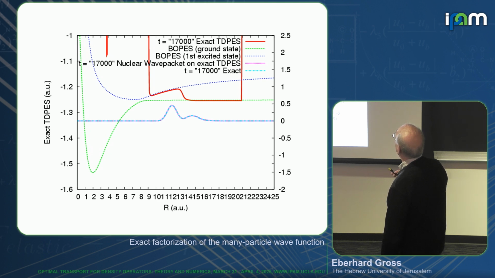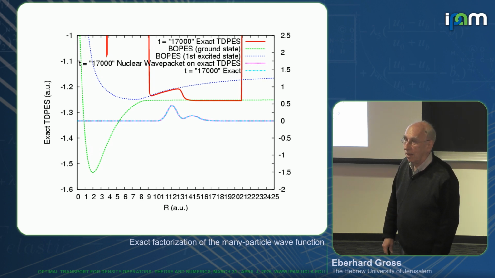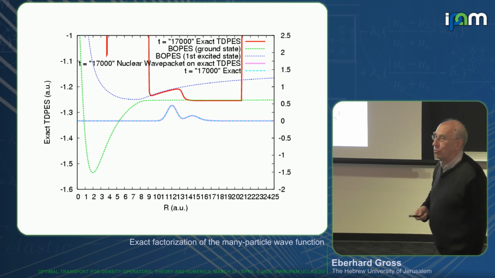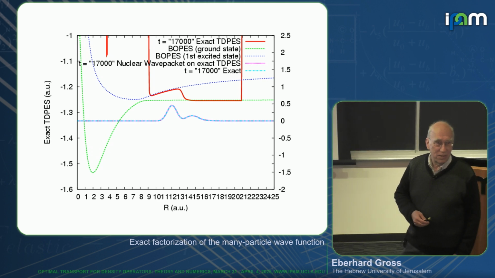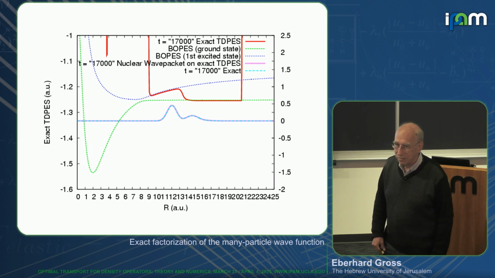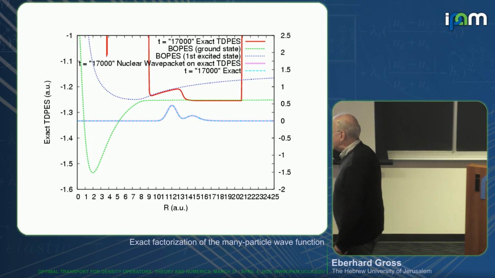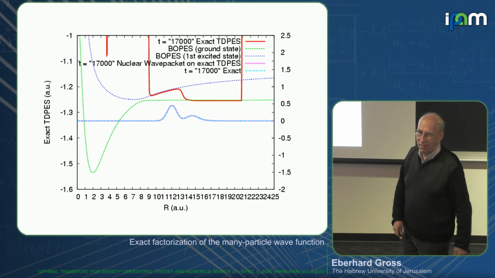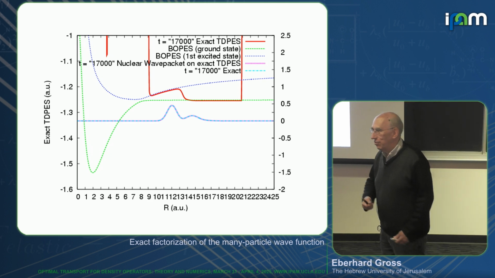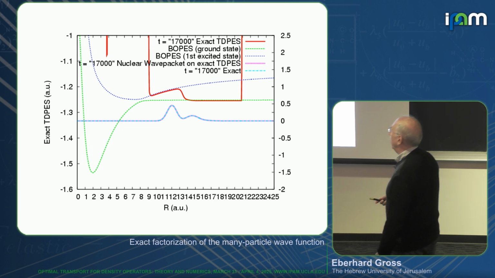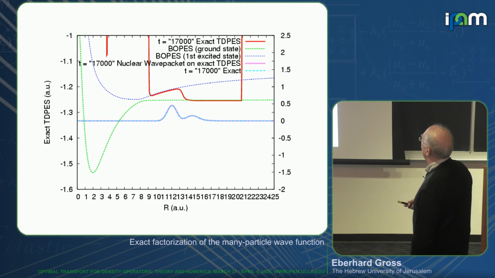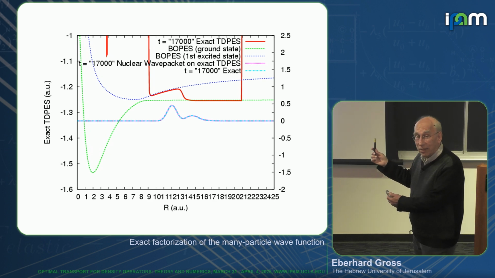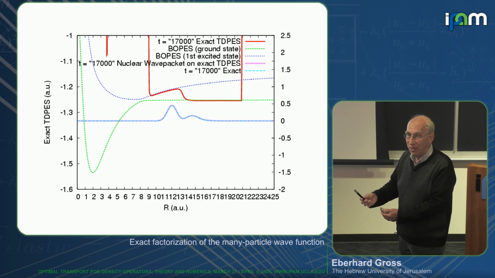If the nuclei are here, in this region of nuclear space, it's the gradient of the upper surface. If the nuclei are here, it's the gradient of the lower surface. This is what it tells you. And this step is exactly what, you may have heard of that, these surface hopping algorithms do. So this is like surface hopping, except that it's exact. So this is, in a way, a justification of surface hopping. This is what you get. So it's just a weird way of presenting the time-dependent Schrödinger equation.